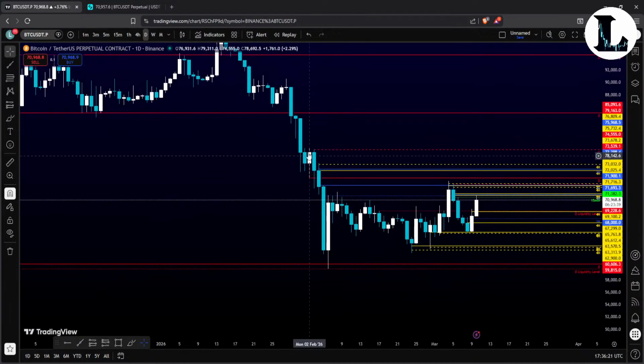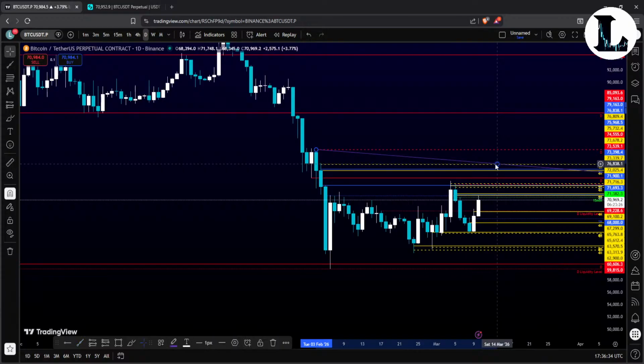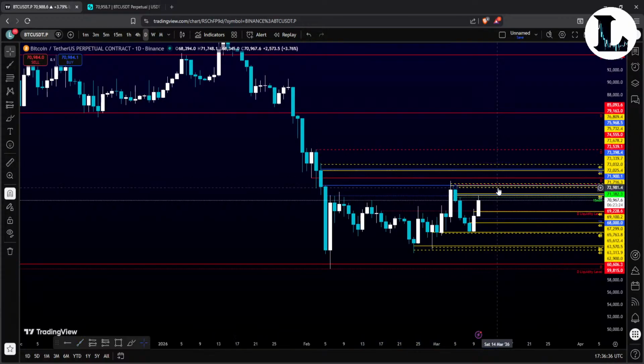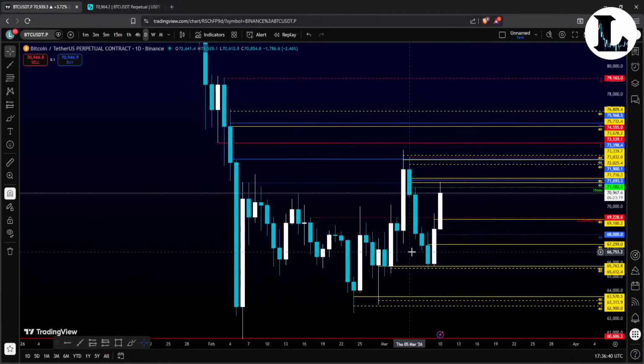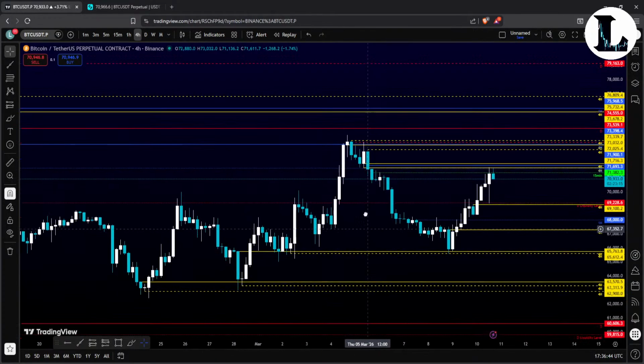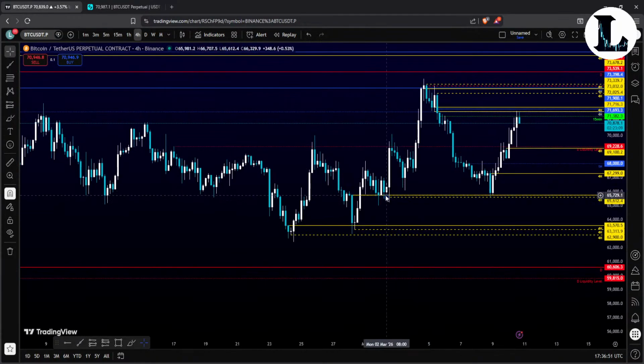If we fail to go above this level, we will just be continuing this downtrend from some point in the future, if the price goes there. We don't have a strong support on the daily yet, and just for you guys to understand, the 4 hours here are already tested, and 2 of them already broken.